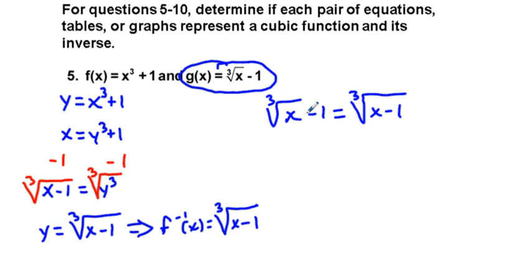They're very similar, but they are not the same, because we have the radical on the right encompassing the x minus 1, whereas the one on the left just has the minus 1 outside the radical. So these are not equal. Therefore, we conclude f of x and g of x are not inverse functions of each other.